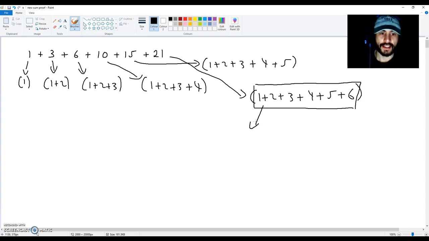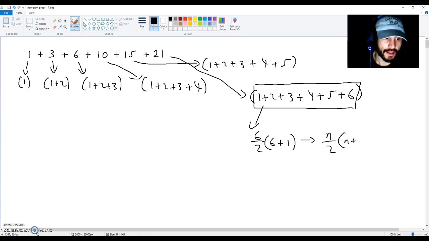This is in fact the same as 6 over 2 multiplied by 6 plus 1, and this is the case because of this formula over here: n over 2 multiplied by n plus 1.